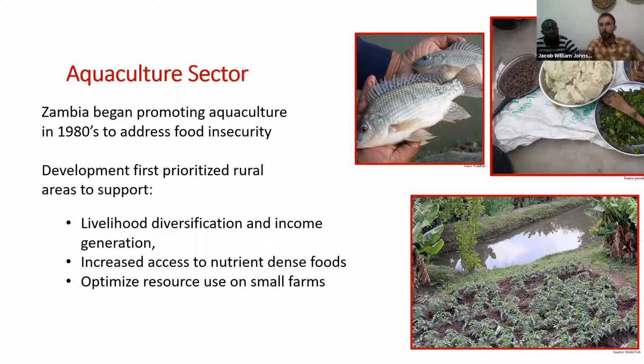Fish are a culturally preferred food in Zambia, and fish are rich in protein and micronutrients, and increased access to fish has been linked to improved nutritional security for early stage child development and resource poor communities. But it was also promoted as a way to optimize resource use, such as this farmer that you see in this picture here, who's using the fish pond to intensify vegetable production and fruit production on the dikes of their fish pond.